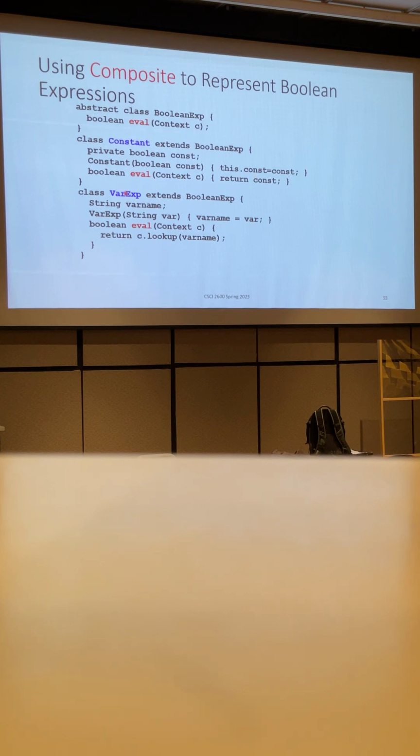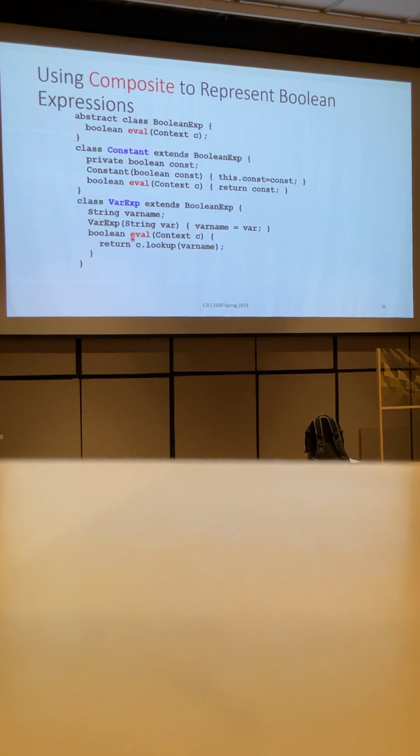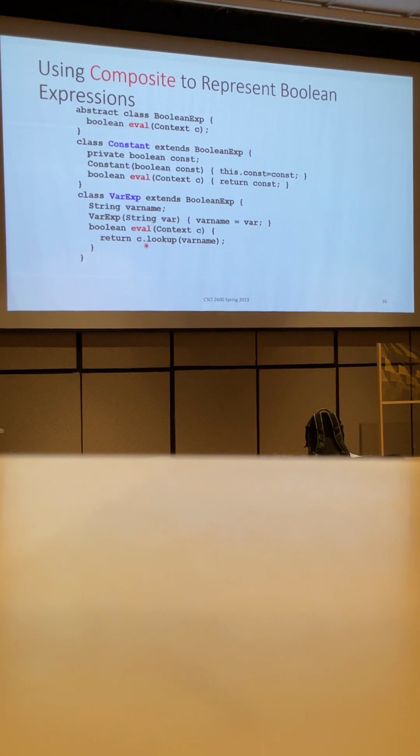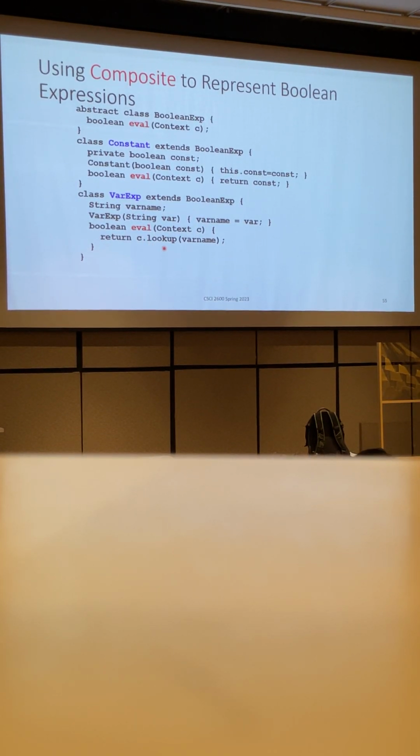Variable is a little bit more complicated because we have the variable name and the variable value. So var name is the variable name, like ABC, and the value is actually stored in some other object that is called context, which is essentially a key value storage, a key value dictionary.